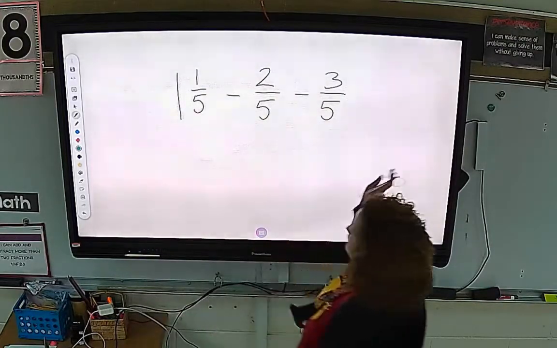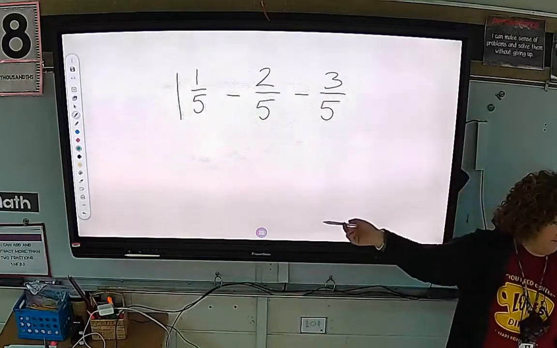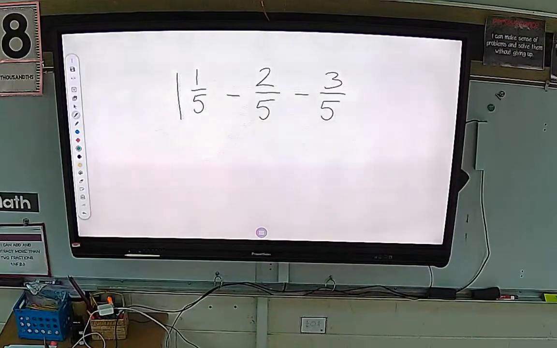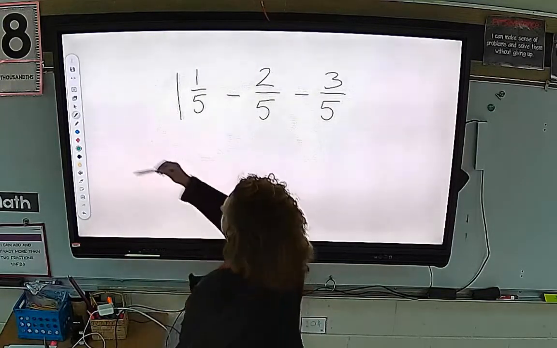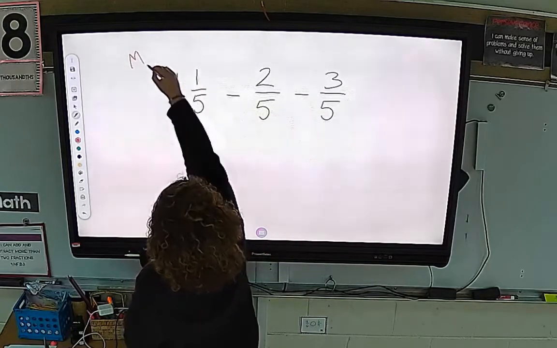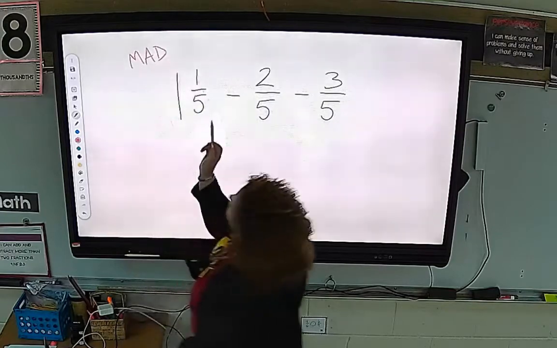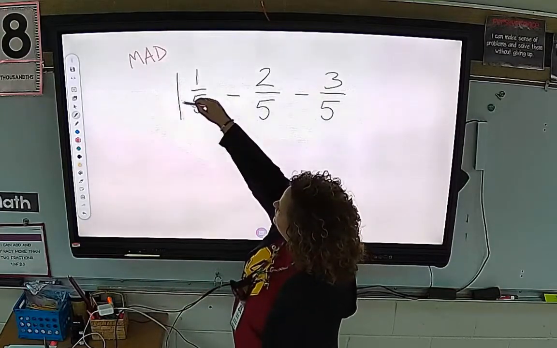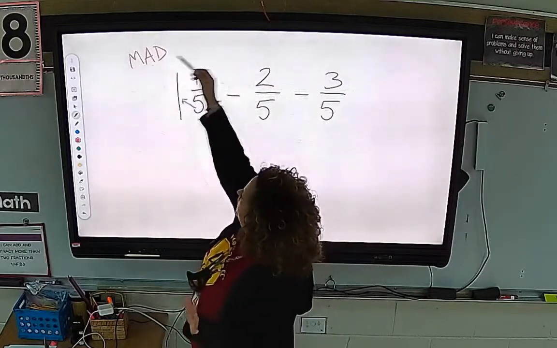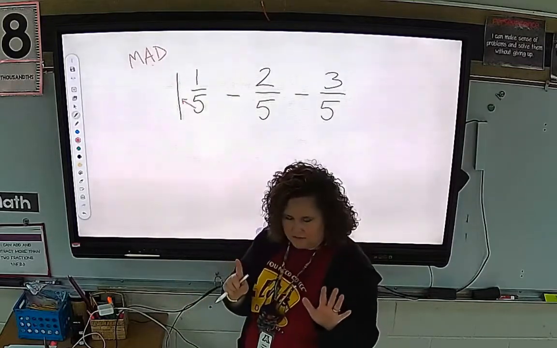Okay? Now, what do we need to do with that first subtrahend? What do we need to do with that first thing right there that we're subtracting? Okay. What is that method you're using? Okay. I'm going to multiply 5 times 1 and get 5. And then I'm going to add the 1 and get 6.